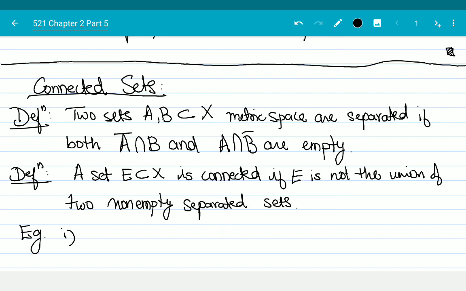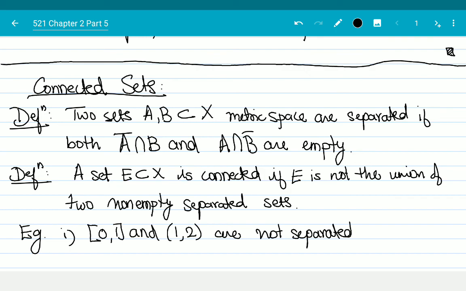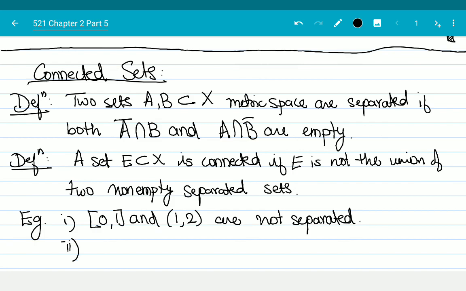Separated sets are always disjoint, but that does not mean disjoint sets are always separated. So, for example, [0,1] and [1,2] are not separated. However, the sets (0,1) and (1,2) are in fact separated.